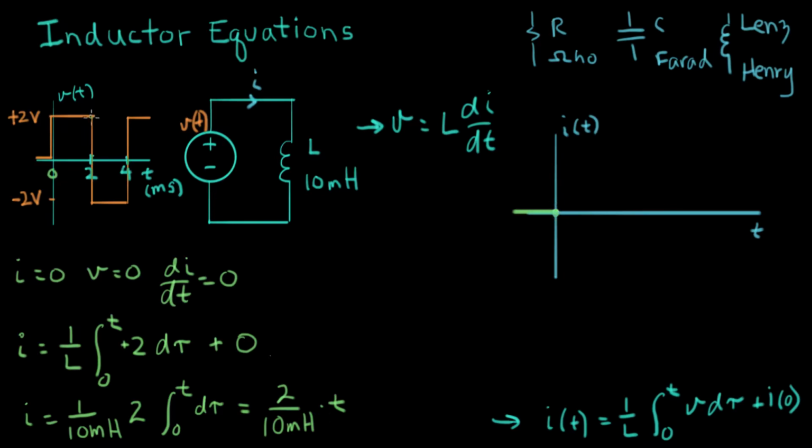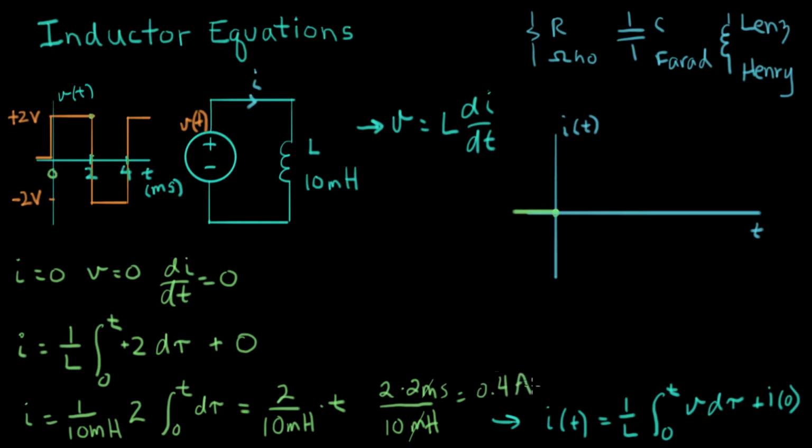What is the current at the end of this pulse here? So at 2 milliseconds, let's figure out what the current is. That equals, at 2 milliseconds, 2 times 2 milliseconds divided by 10 millihenries. The millis cancel themselves out, and I get 4 over 10, or 0.4, what?